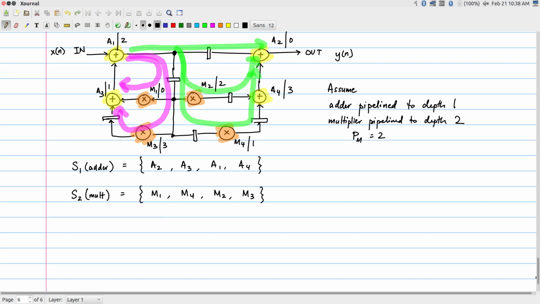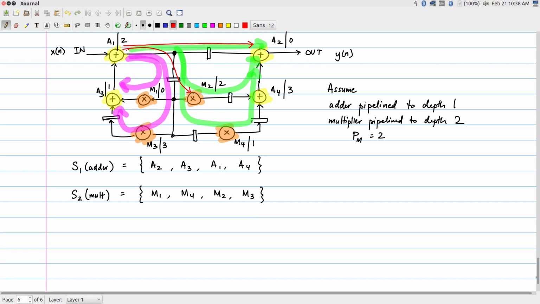So if I look at all the edges present in the DFG, I find, for example, that I have an edge going from A1 to M2. Another edge is going from A1 to A2, and the edge from A1 to A2 has one delay element on it. The edge from A1 to M2 also has one delay element on it.